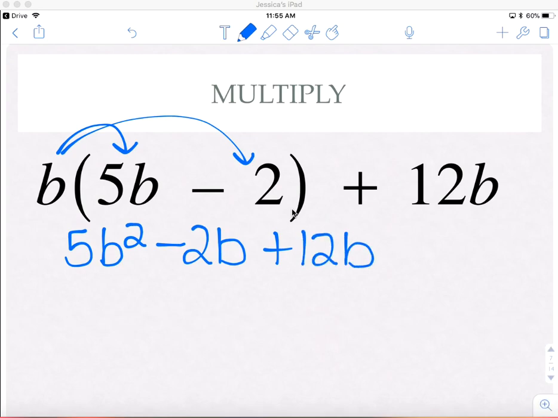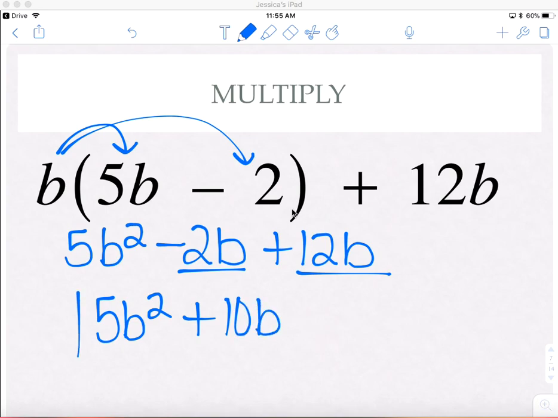If you look carefully on this one, we do have some like terms that we can combine. 5b squared is going to stay 5b squared, but I can actually combine negative 2b plus 12b. Since those are like terms, negative 2 plus 12 becomes positive 10b. In order to add and subtract terms, both their base and their exponent have to be the same.